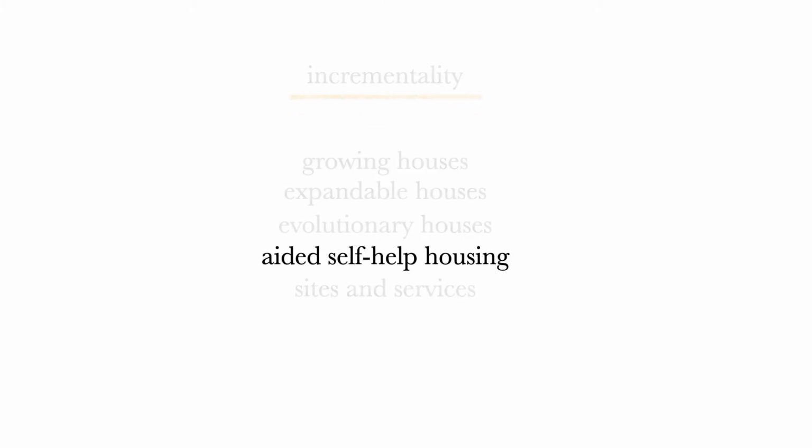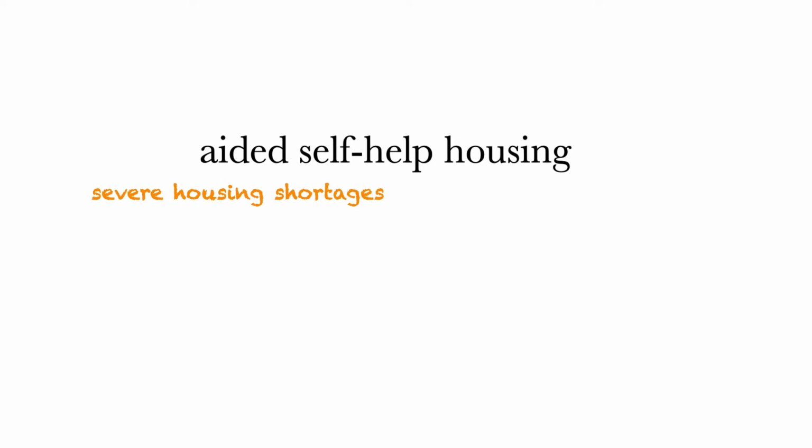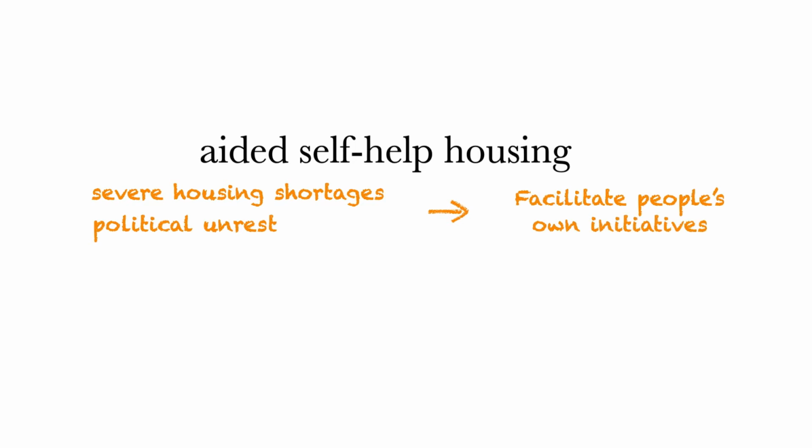Aided self-help was another concept that appeared in the period between the First and the Second World War. This was a time of severe housing shortages and political unrest. To try and mitigate these two societal problems, many governments developed policies to facilitate people's own initiatives in the development of their houses.